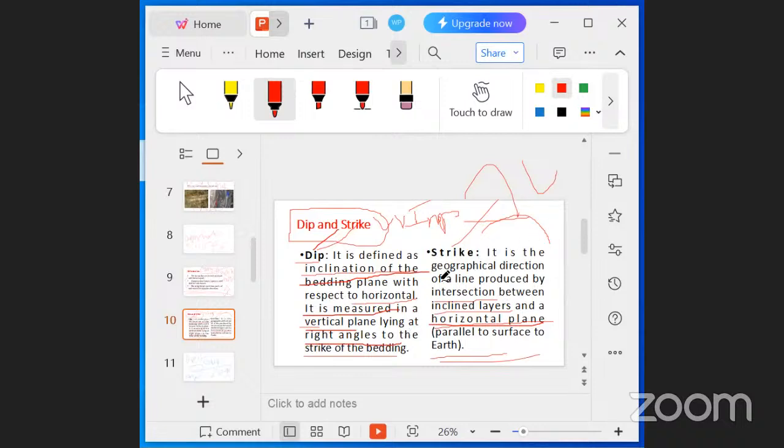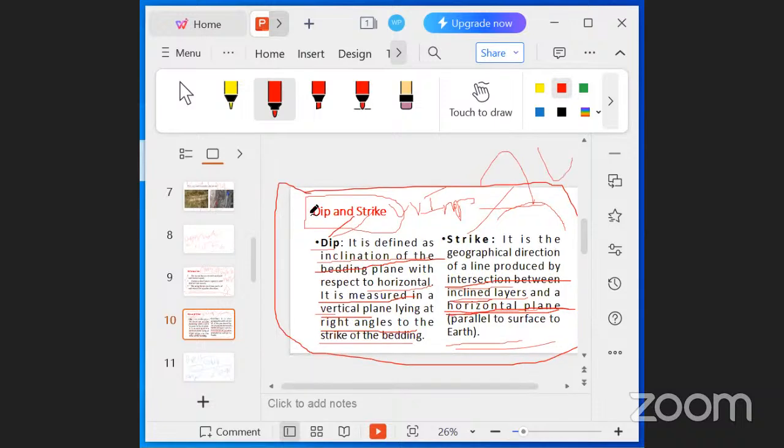And strike is the geographical direction of a line produced by the intersection between an inclined layer and a horizontal plane. You should remember these two things, as they will come in your examination, right?